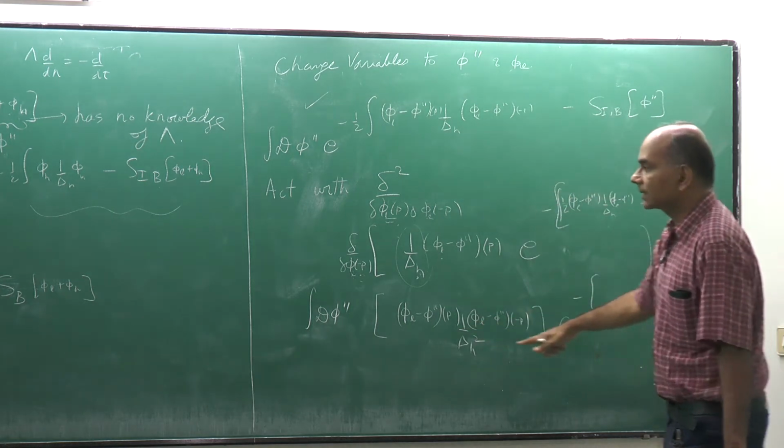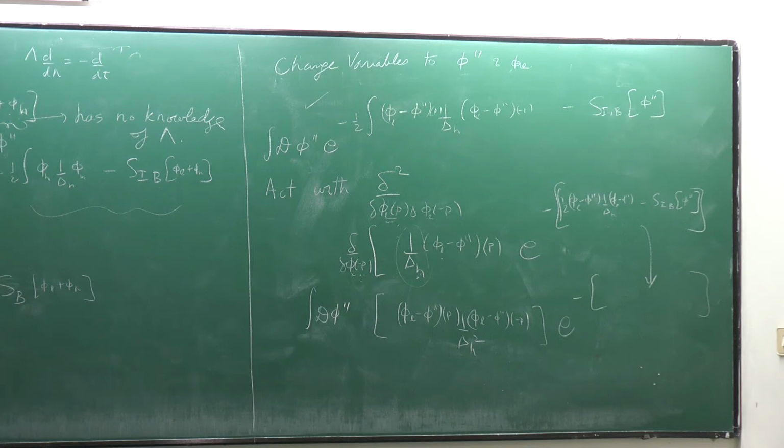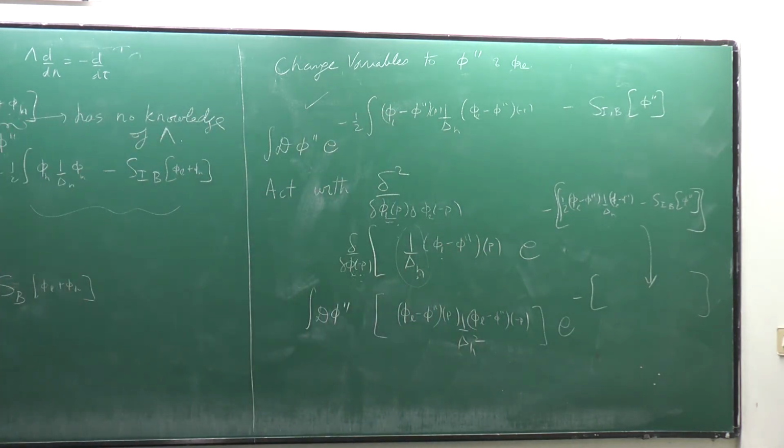So now you look at this structure and you look at this structure. So if you want to call this phi h, you can call it phi minus phi L. Okay? So it's the same thing.